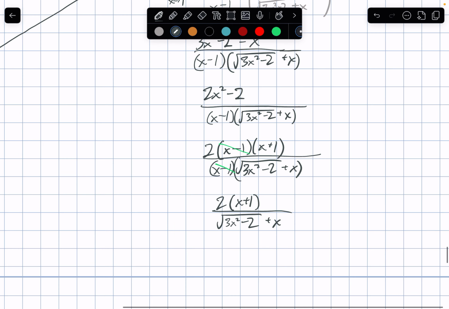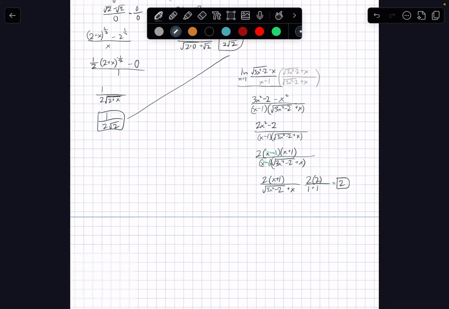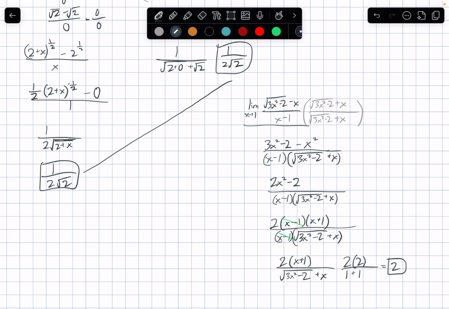X approaches 1, right? So 1 raised to 2, 3, 3, 1, 1, 4 over 2, 2. The answer is 2. Okay?